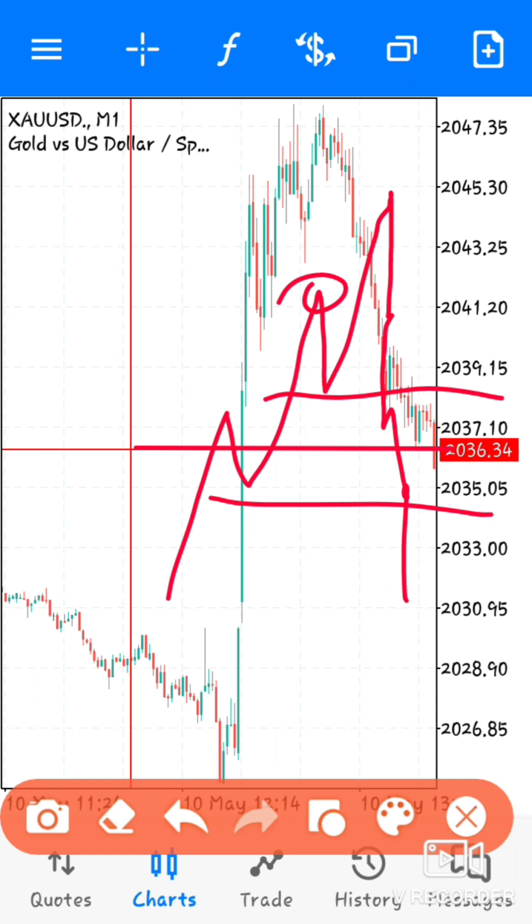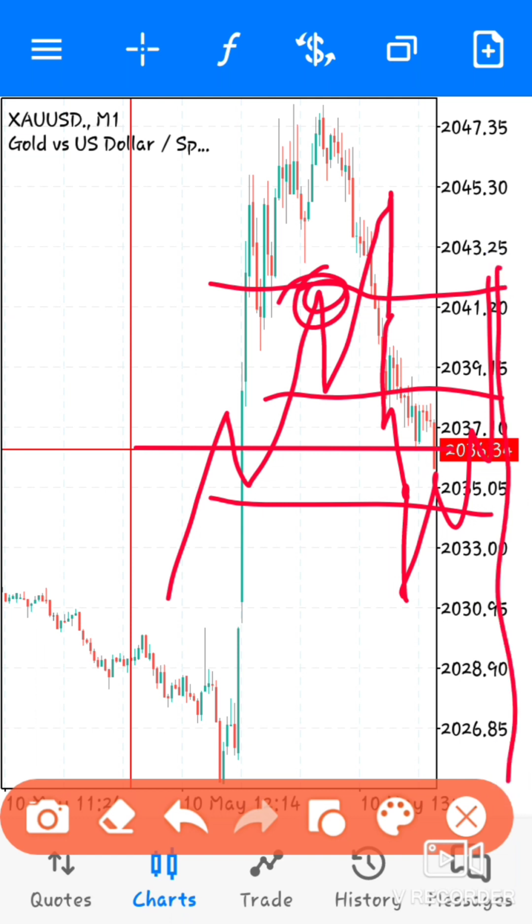So immediately this happened, you should know that buyers are fully in control. Now all you do is place your sell limit order at the second to the last resistance, and once price gets there, it will now fall. All right, so that's the second entry pattern.